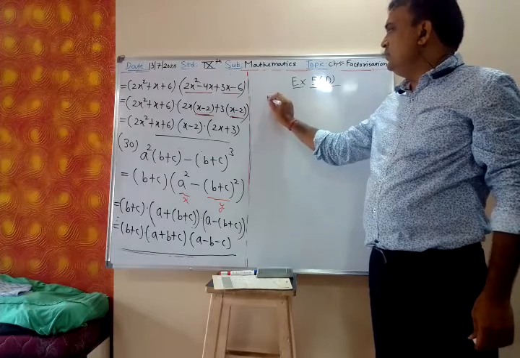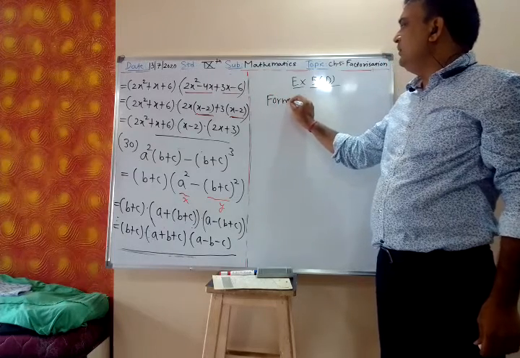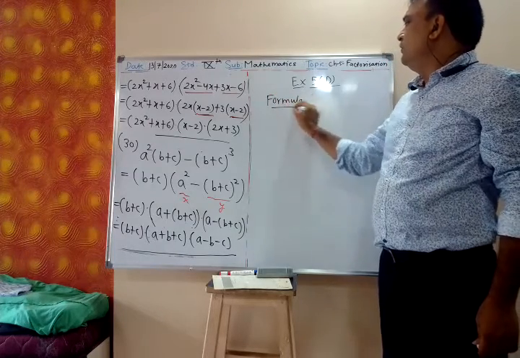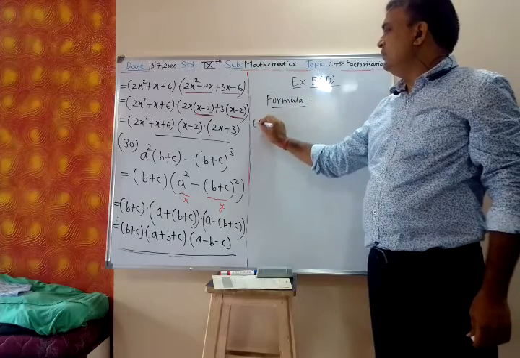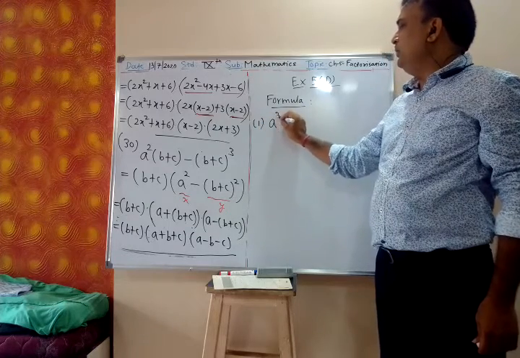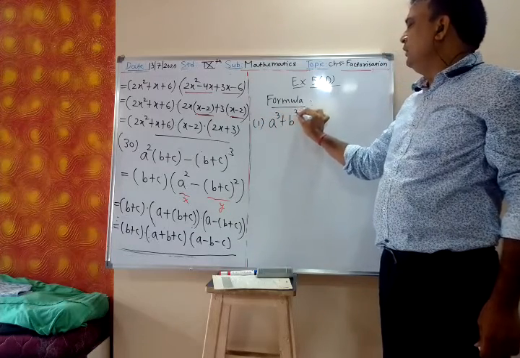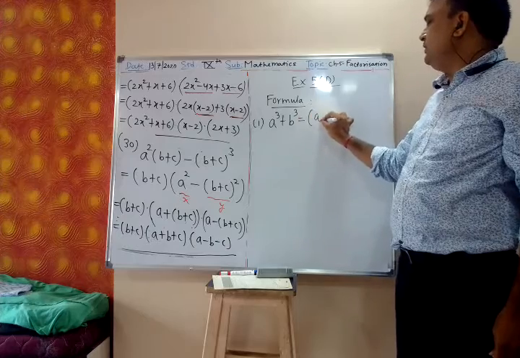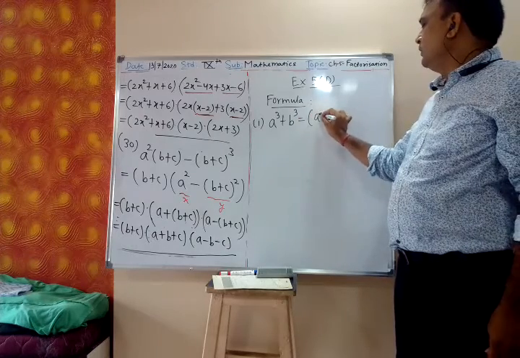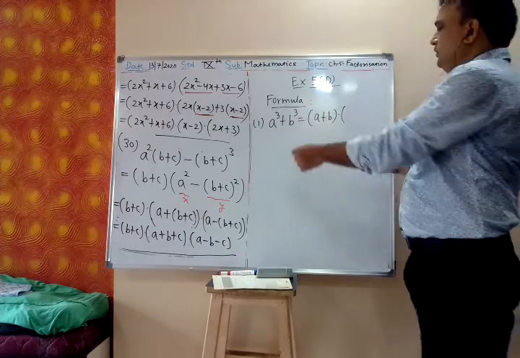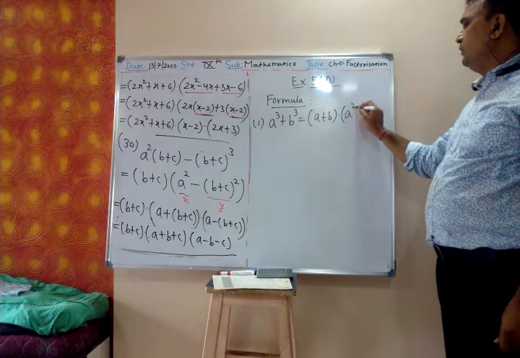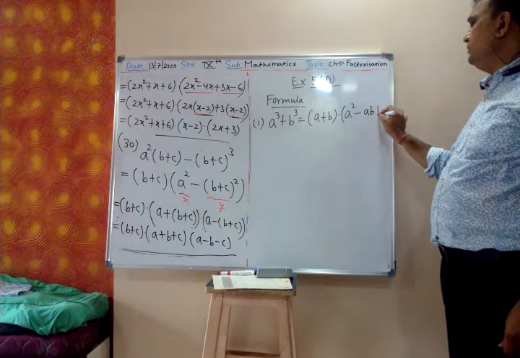Which formulas are used in this 5D? That I am listing first. The first formula we have is a cube plus b cube. a cube plus b cube is (a plus b) into (a square minus ab plus b square).